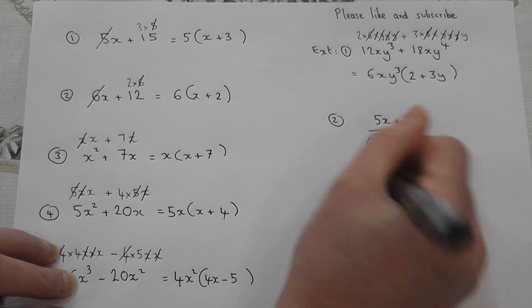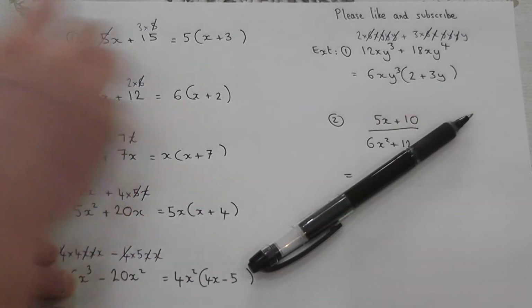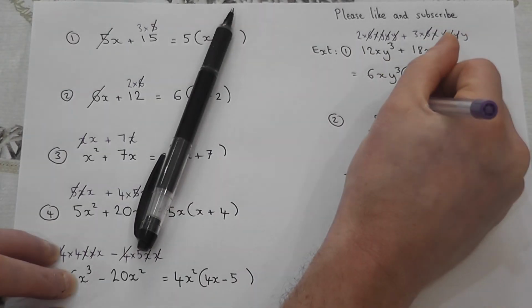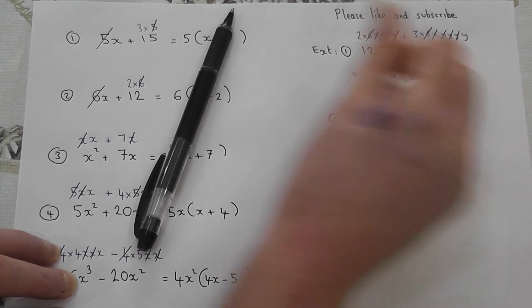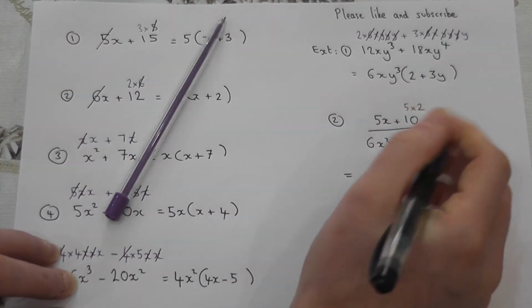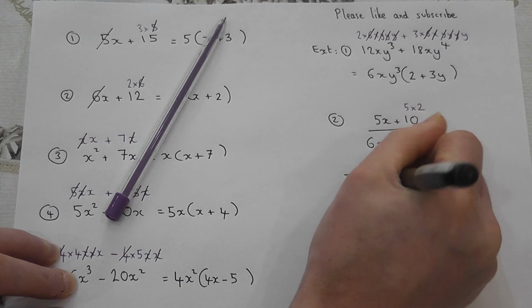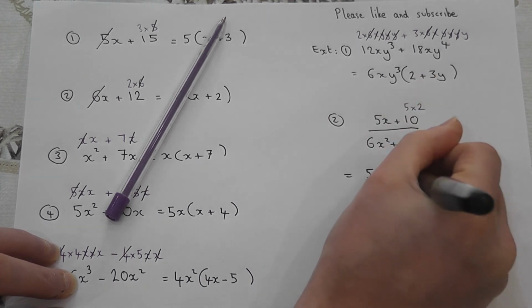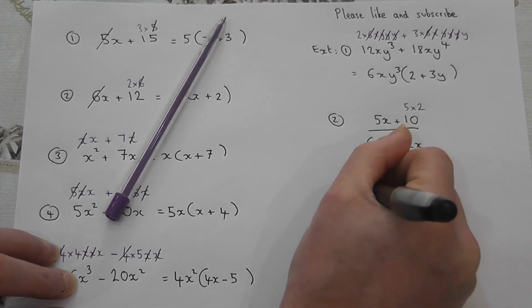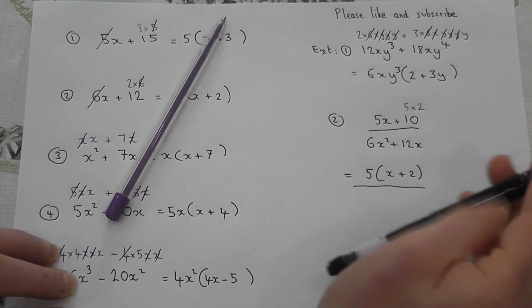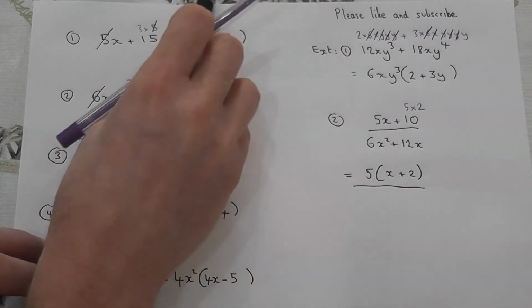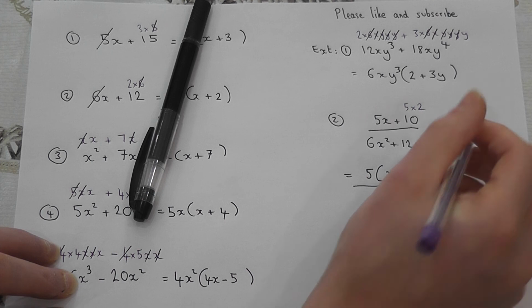So the top, 5 and 10. 10 is 5 lots of 2. So they both have 5 as a factor, so it's 5 bracket, an x left over and a 2. The bottom is one of the more complex ones. So remember again, 6x squared 12x.